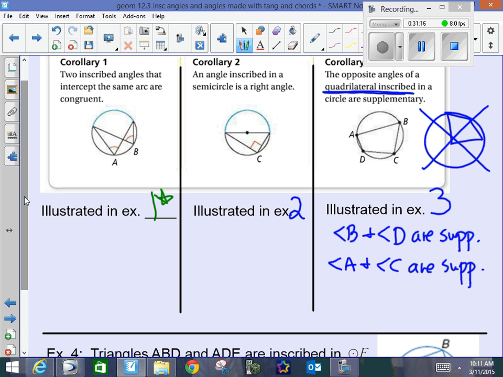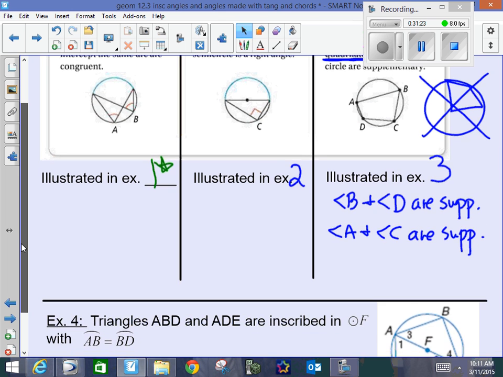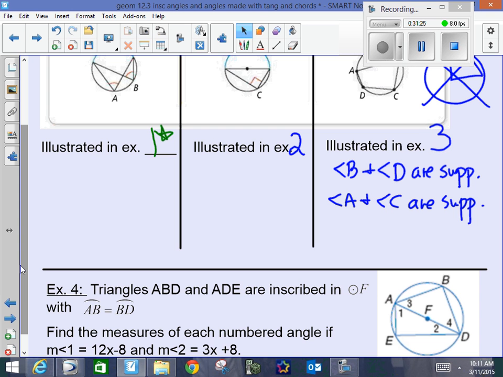You can say, I don't need that arc measure, I know those are supplementary, so I'm good. So the corollaries are shortcuts. Remember them, it will be helpful.